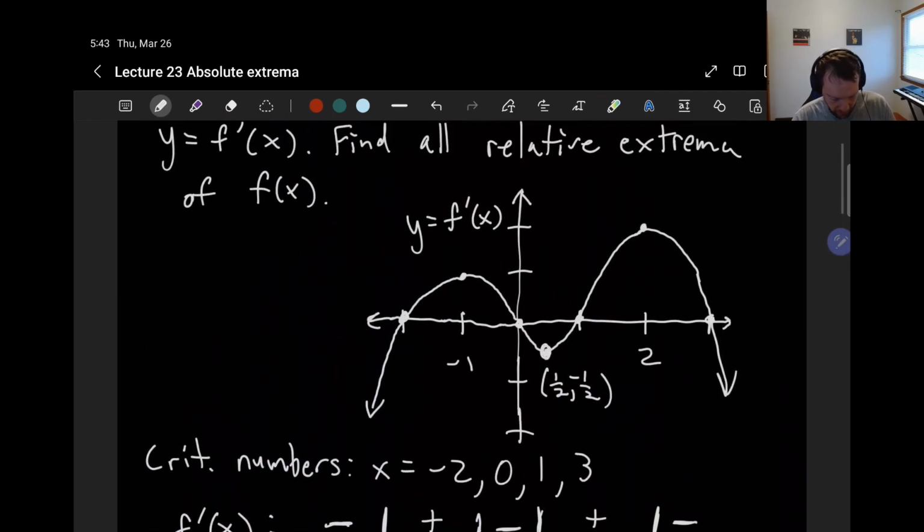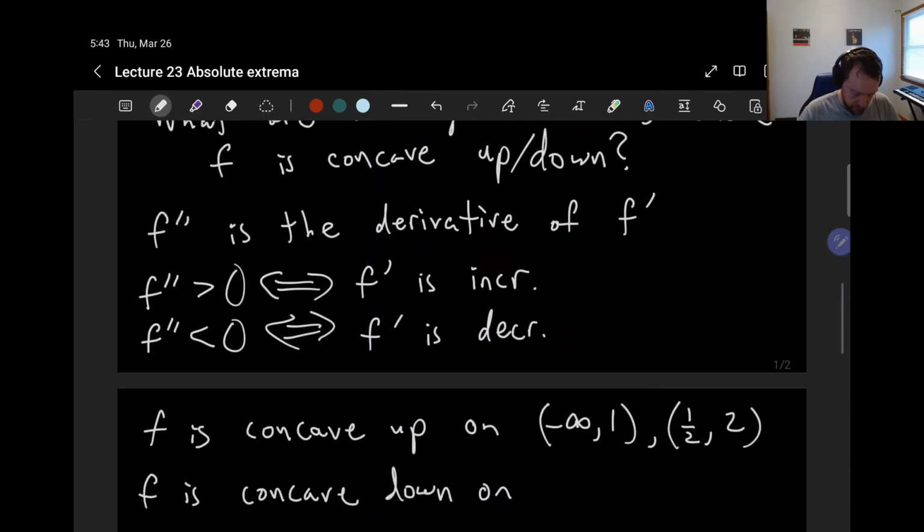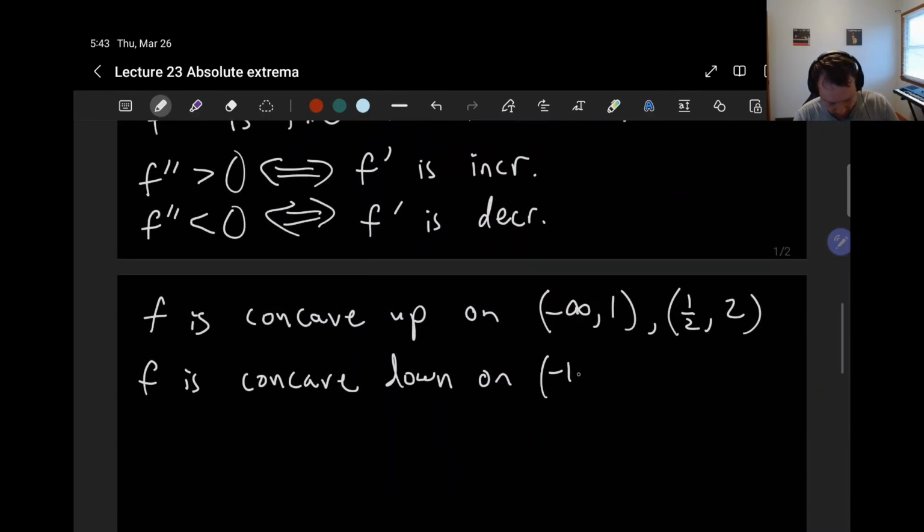So we're decreasing here on this graph from -1 to 1/2, and then from 2 onward. So there we have it.